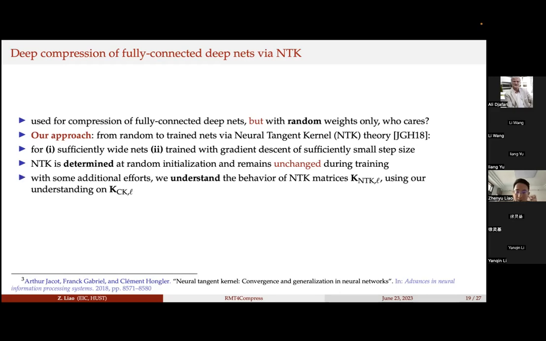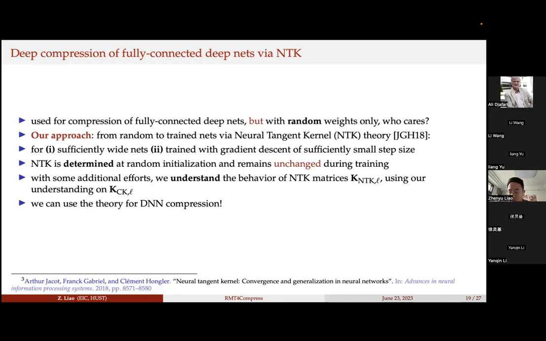So the idea is pretty straightforward. What we will do is extend what we have done for the conjugate kernel to the NTK, and the conclusion basically remains the same. We still have a super long equation that tells us the behavior of the NTK of a given fully connected neural net.